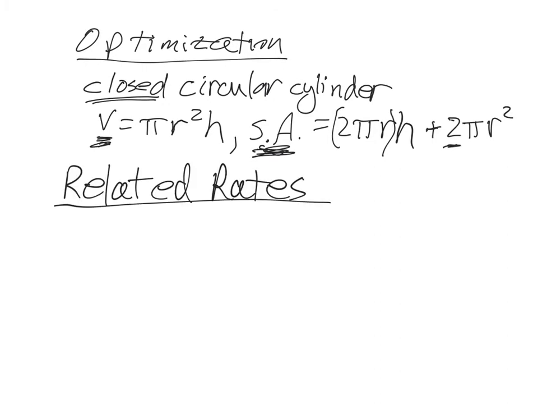Next up, we looked at the related rates, how one quantity changing affects another quantity in a certain equation. And we looked at a lot of different types of problems with this. Again, circles, spheres, rectangles, but more of the problems ended up being triangles, and especially right triangles.